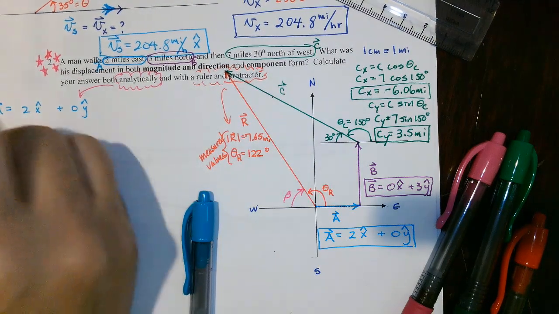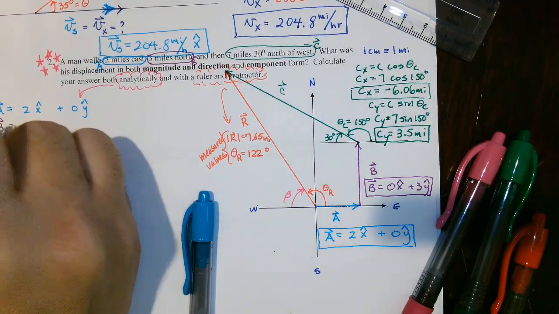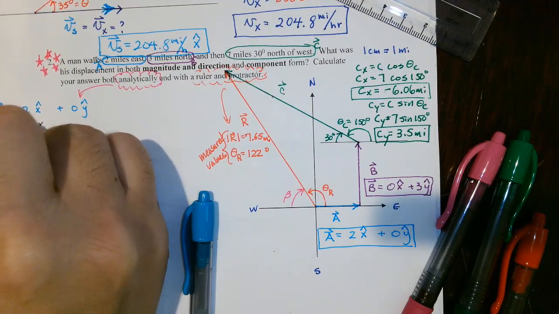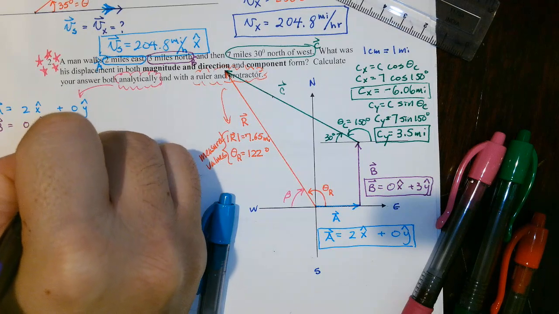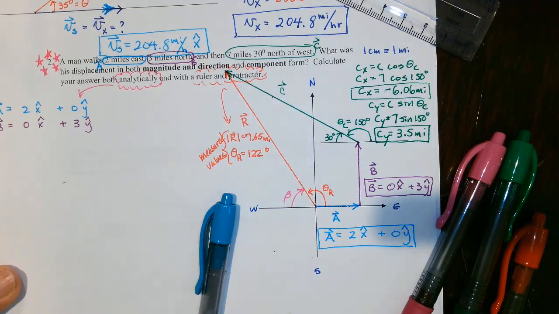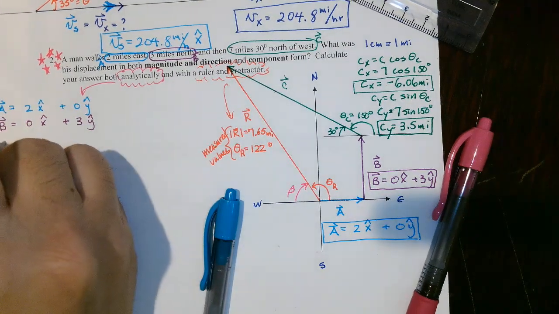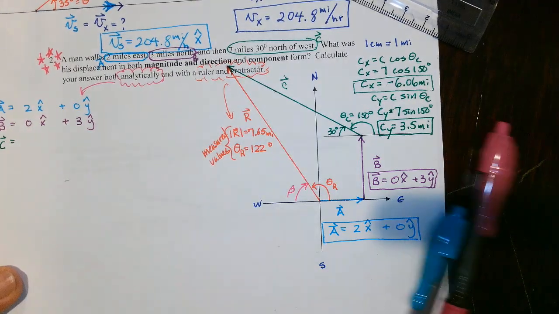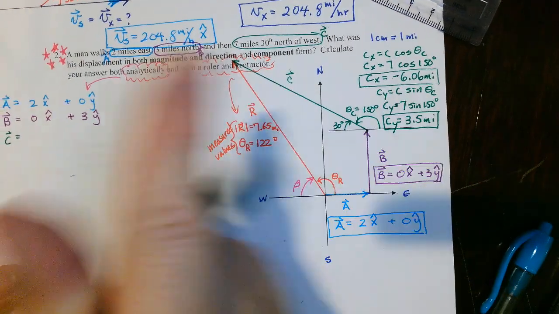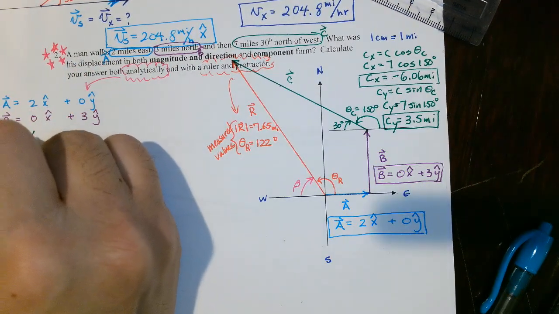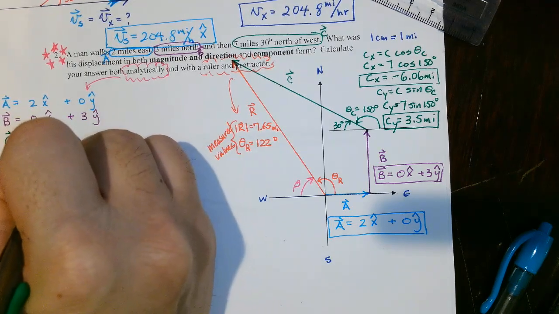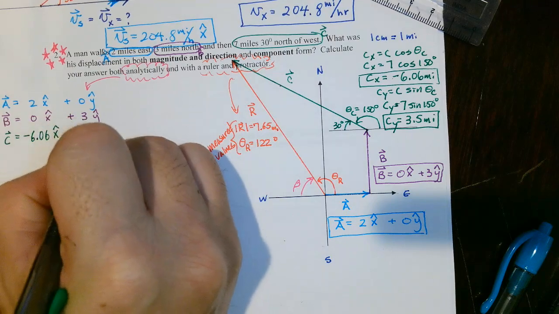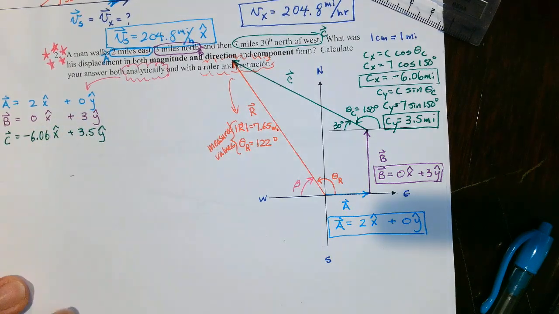My B vector is equal to 0 x hat plus 3 y hat. And my C vector is equal to negative 6.06 x hat plus 3.5 y hat.